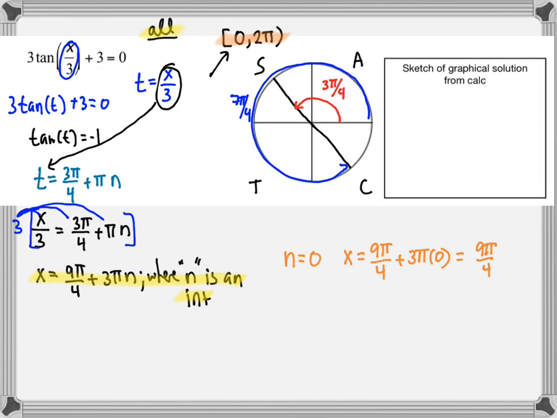That's out of the range, out of the domain, the restrictions there. So automatically we have to go in the other direction, because if we plug in n equals 1, n equals 2, we're just going to get larger and larger, and we have no chance to get into the range that we need.